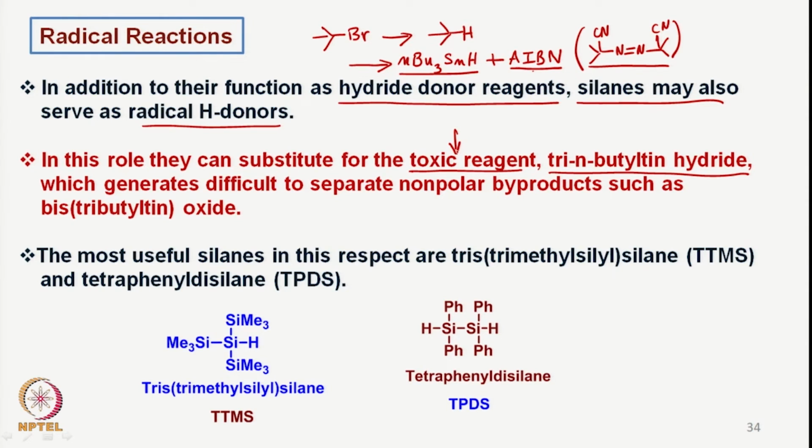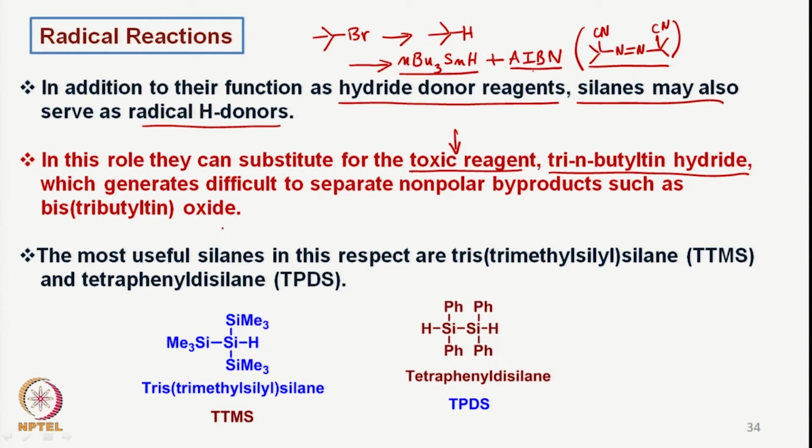Also, when the reaction occurs with tributyltin hydride, the byproduct formed is tributyltin oxide or other tin-based products, which are very difficult to remove from the reaction and create problems during the workup.